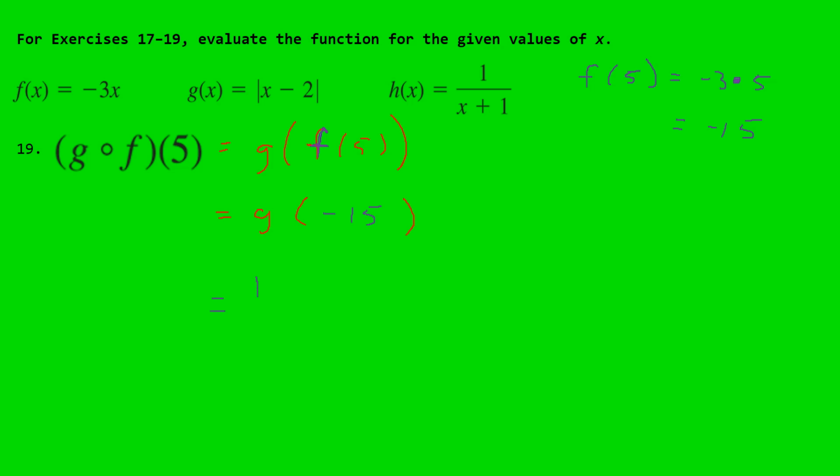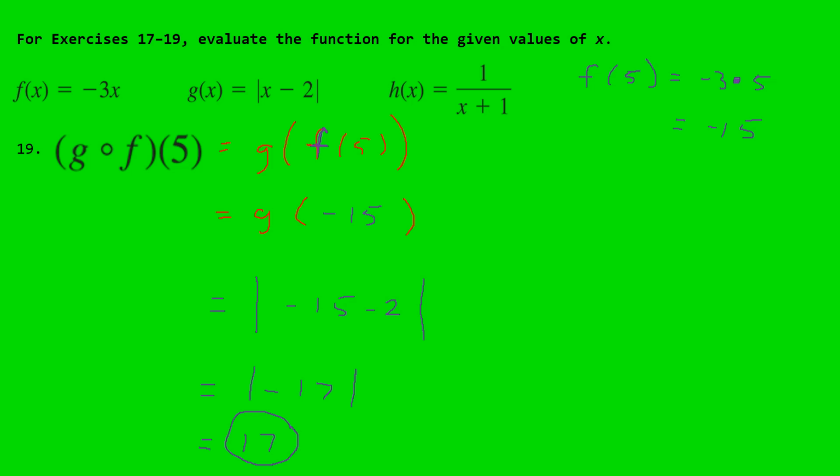G subtracts 2 from the input and takes the absolute value. So absolute value of negative 15 minus 2, which is the absolute value of negative 17. And of course, if the inside is negative, absolute value changes the sign, which it is in this case. So 17 is g composed with f of 5.